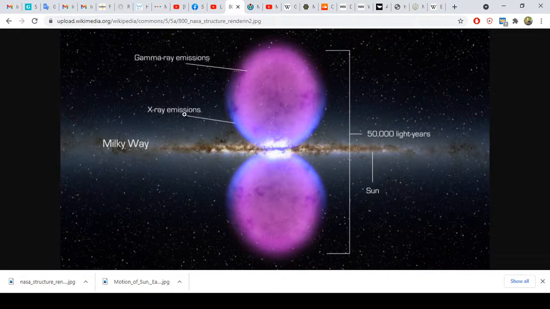Yeah, so they have X-ray and gamma ray emissions, and they have these flares coming out. And they detected in 2015 very bright X-ray emissions, about 400 times as bright as usual.